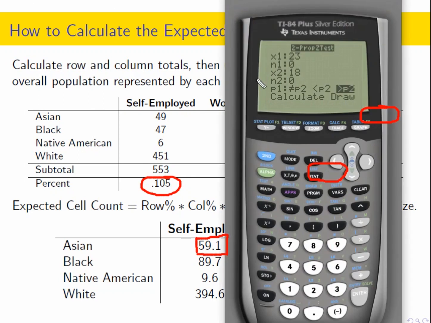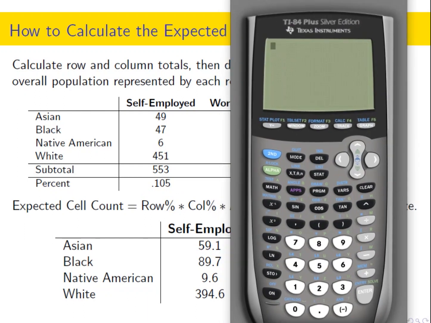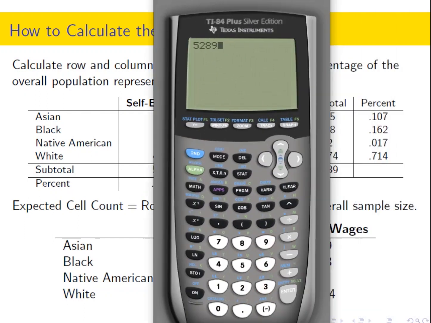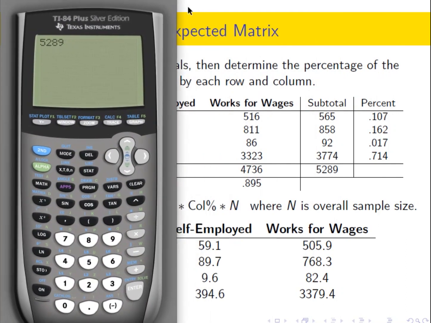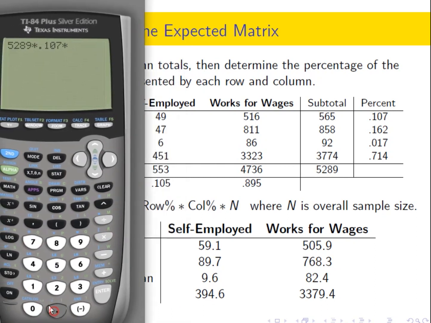So if we get a graphing calculator up here, we are going to take 5289, and we're going to multiply by the 0.107, that's 10.7%, and then we're also going to multiply by the 0.105.